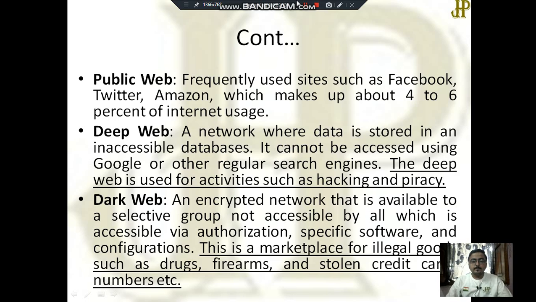The deep web consists of inaccessible databases which are used for activities such as hacking and piracy, while the dark web is a marketplace for illegal goods such as drugs, firearms and stolen credit card numbers, etc. These two webs, deep and dark, are used by specific users for specific purposes. Clear?